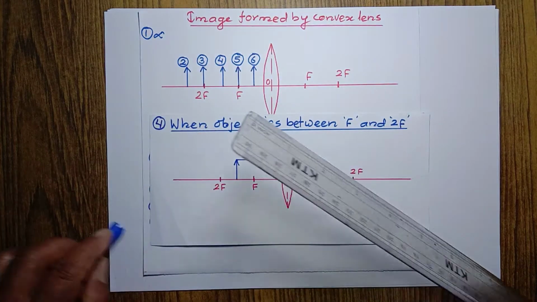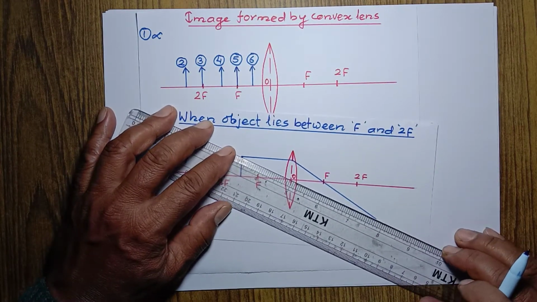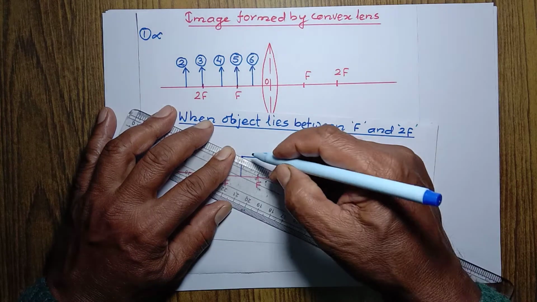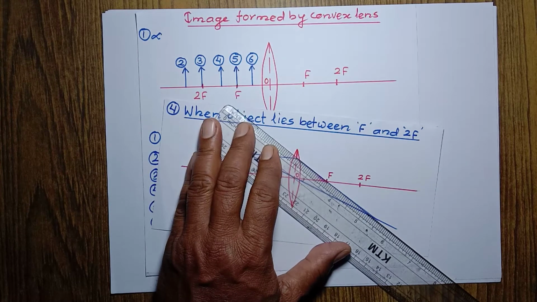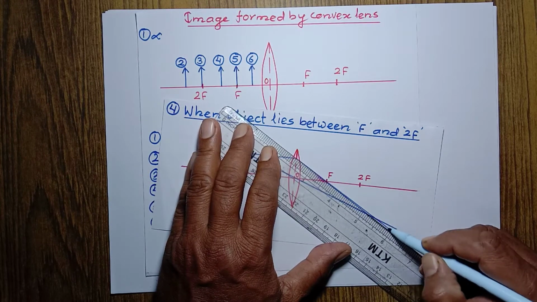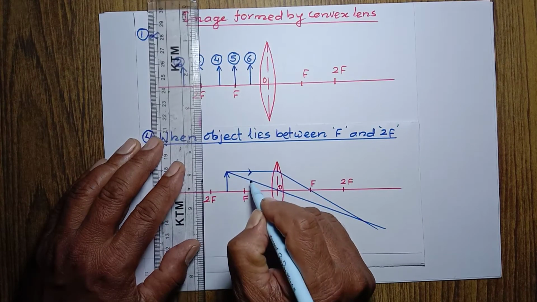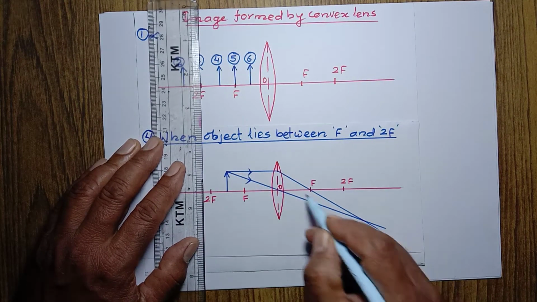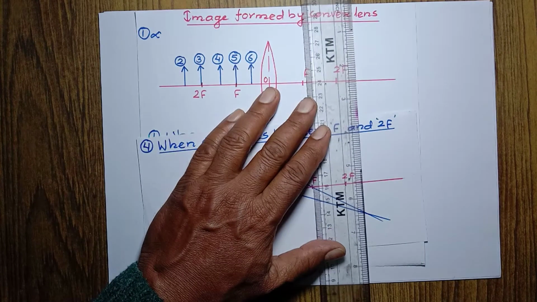And another ray of light which is passing through the optical center passes without deviation this way. So they are intersected at this point. That's why the image forms at this point.